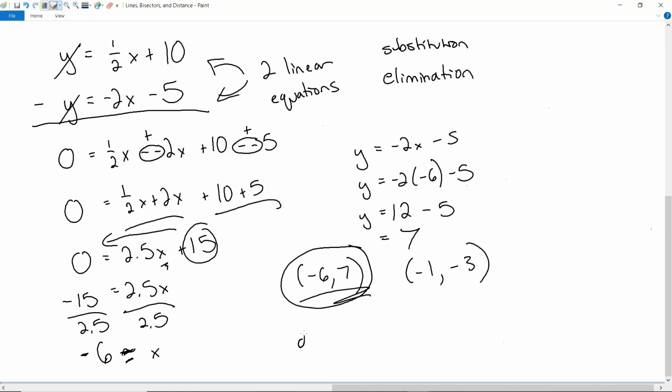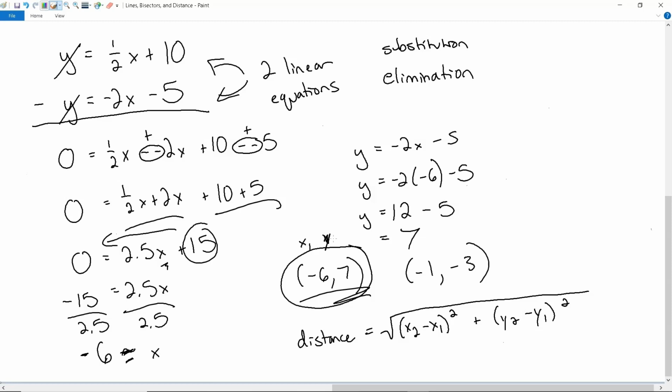So now all we need to do is figure out the distance between these 2 points. And for that, we can use our distance equation. And it looks a little something like this. So let me just label my points here.